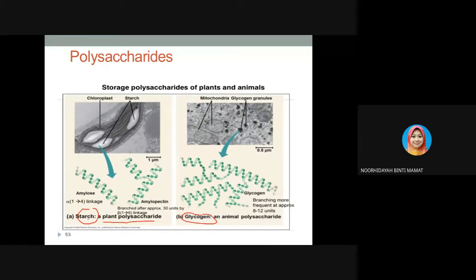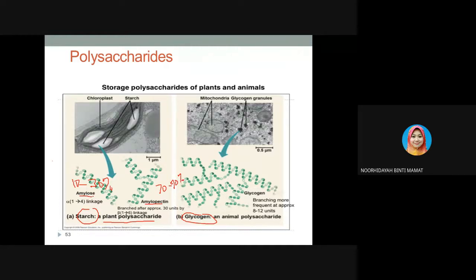Starch is actually a mixture of two polymers. You remember, we have monomer and polymer. So starch is a mixture of two polymers, amylose and amylopectin. Natural starches consist of about 10 to 30% amylose and about 70 to 90% amylopectin.